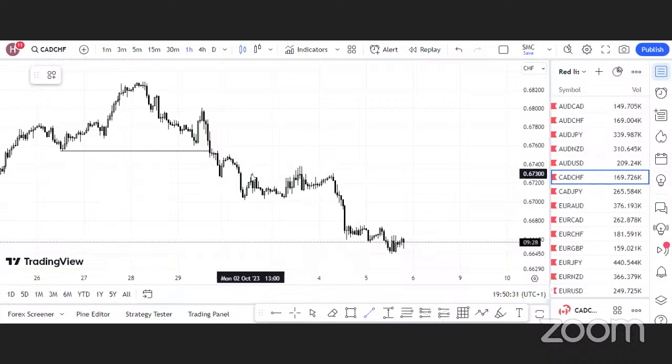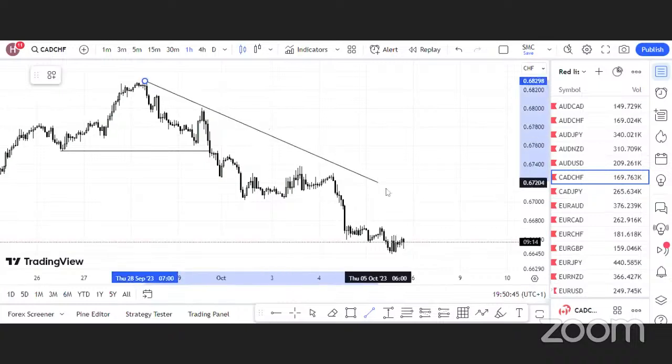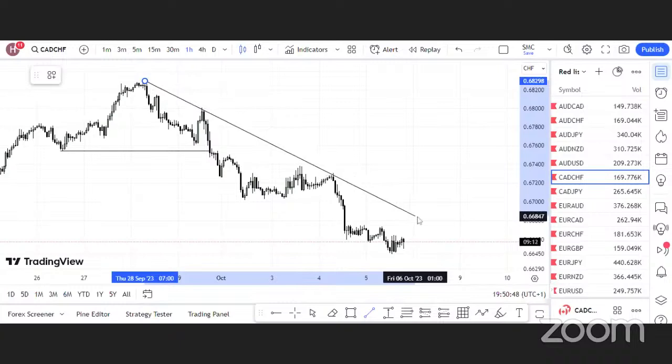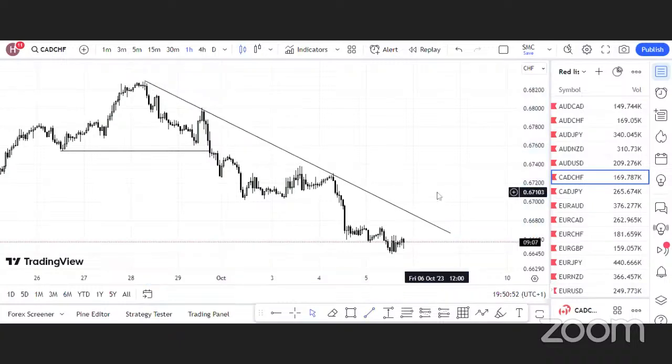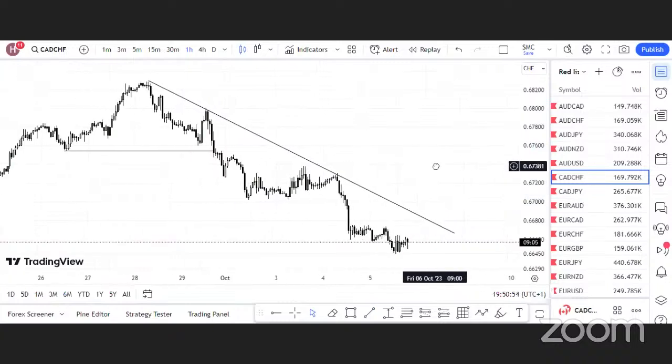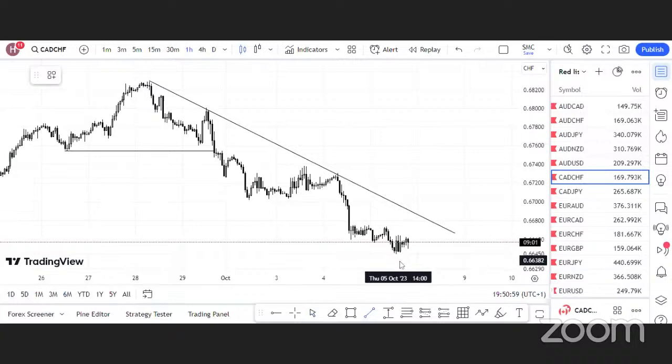I think we have something aligning here. We have a resistance that would align here, but the market is currently here. So let's see if our trend line is going to align with the current market. Yes, I love this. This is the 1 hour time frame. Let's see if we can get a channel.